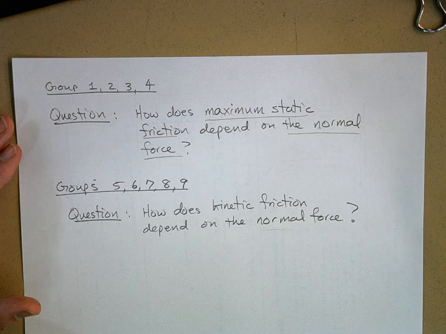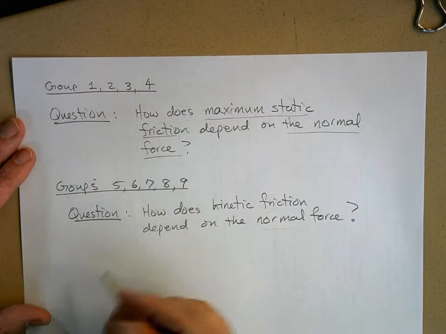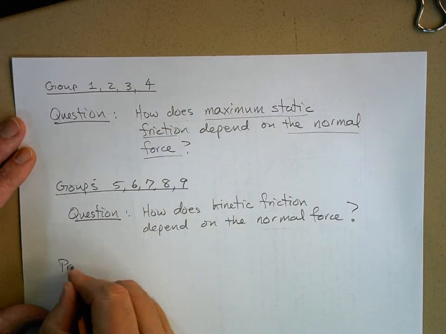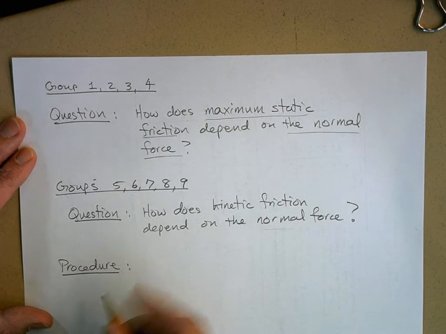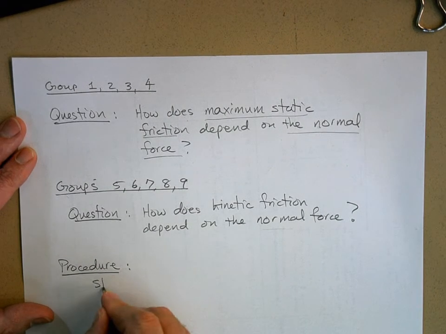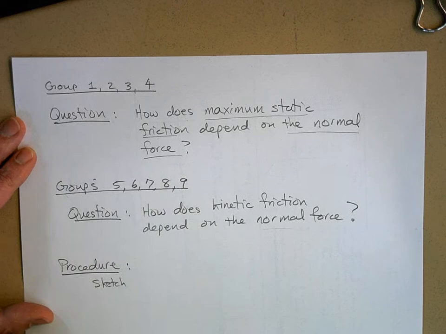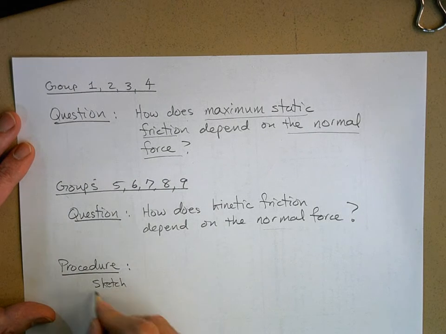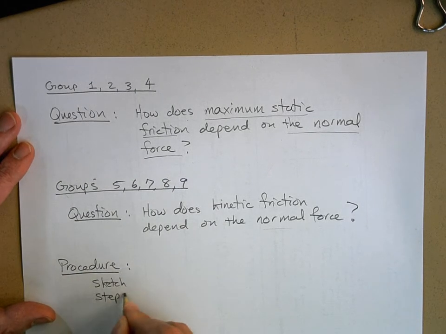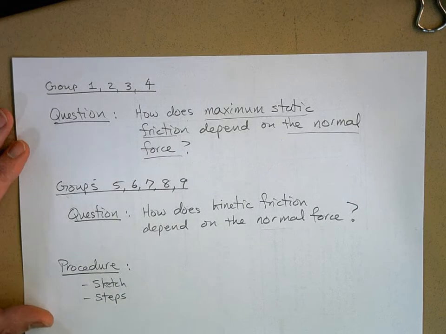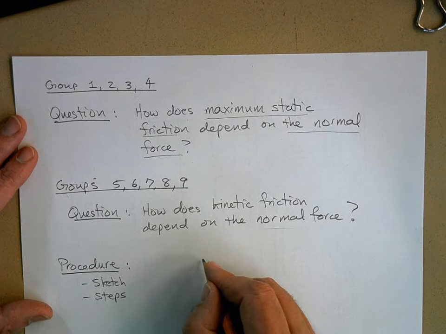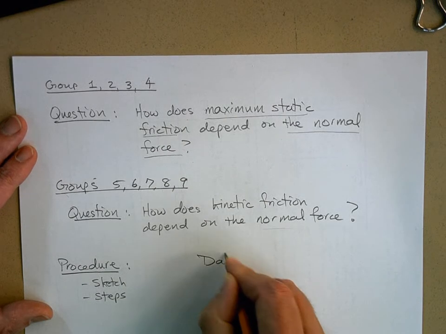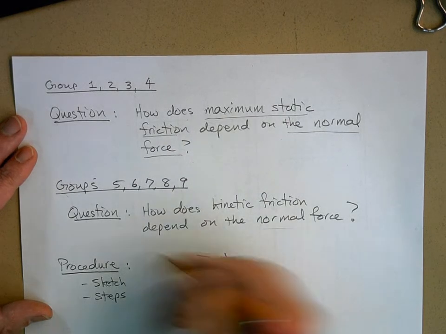Now, you guys are going to have to write a procedure. So draw a sketch of your lab and then steps. Step 1, step 2, step 3, and so on. Don't forget to do that. But now you're going to have to collect data, so leave room to write your procedure after you've collected your data.